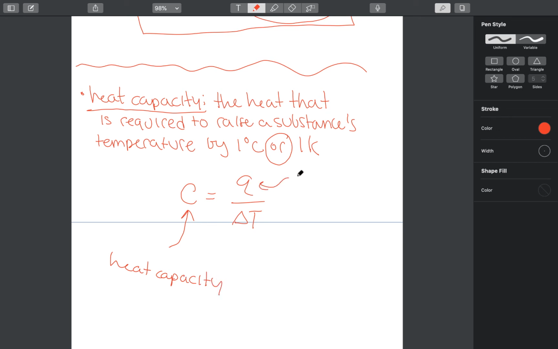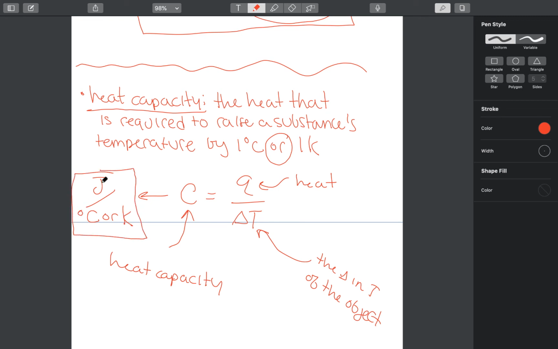Q is heat, and delta T is the change in temperature of the object or substance. The units for heat capacity are joules per Celsius or Kelvin. You can use either one, but you'll often find it in joules per Kelvin. So this is the heat capacity.